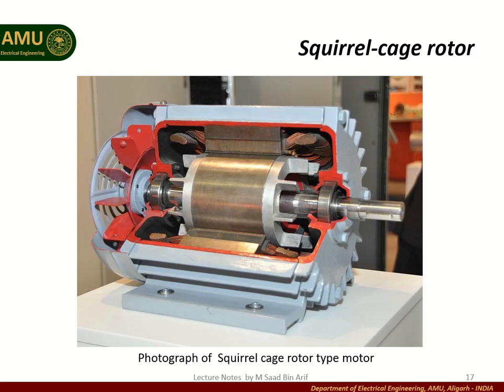Now let us have a look at the photograph of a squirrel cage rotor type motor. This is the real picture of a squirrel cage motor. We have a cut section of it. This is the rotor we have. This part is the stator.